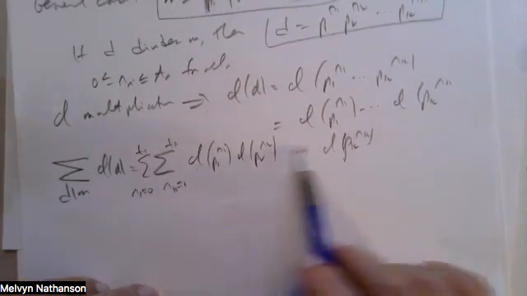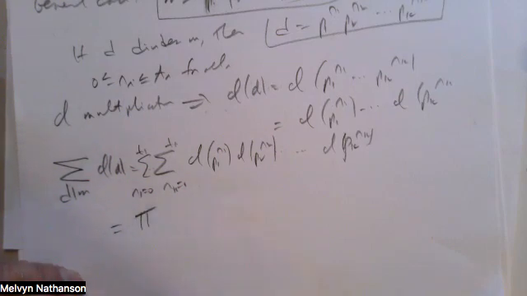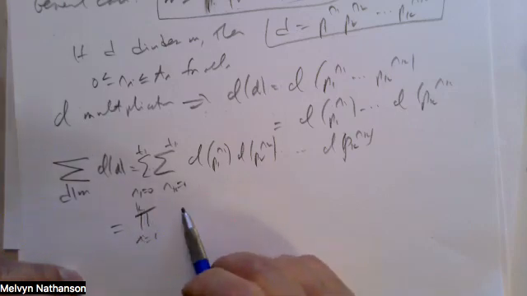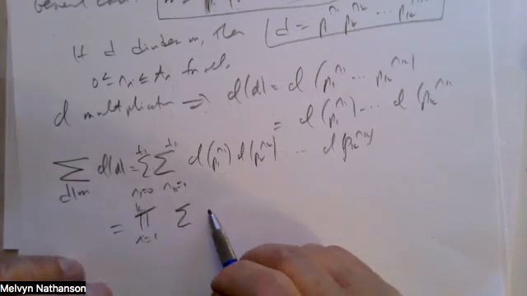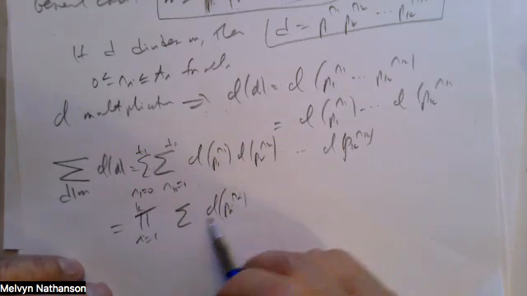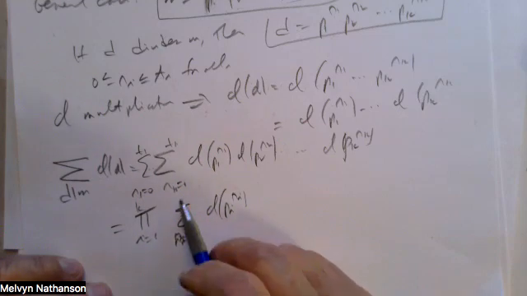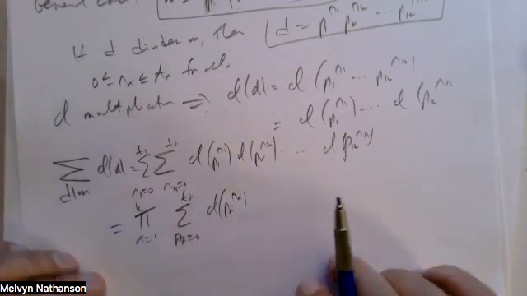And you can actually disentangle this sum and write this as a product, i goes from 1 to k, times the sum of phi of pi to the ri, where ri goes from 0 to t sub i.